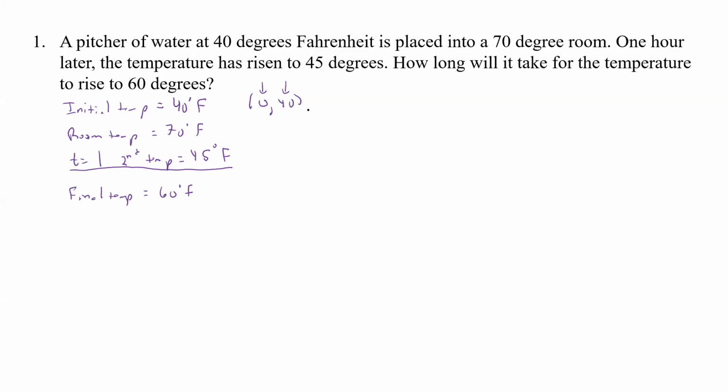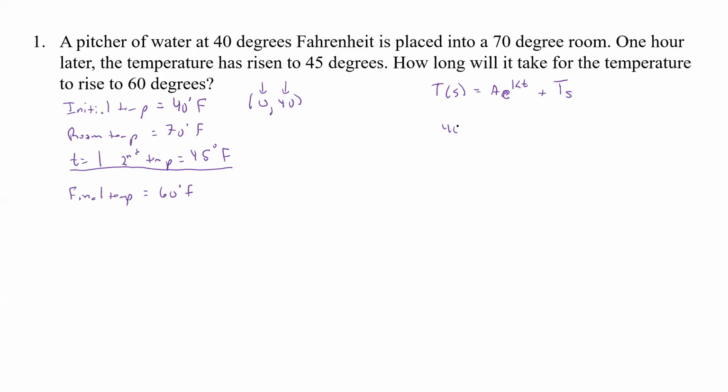And so what we're going to do is plug these values into our formula. And again, remember it was T of t is equal to A e to the k times t plus Ts, okay? So at t equals 0, so we're plugging 0 here, the y is 40.